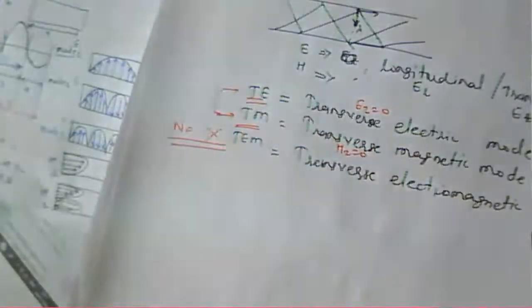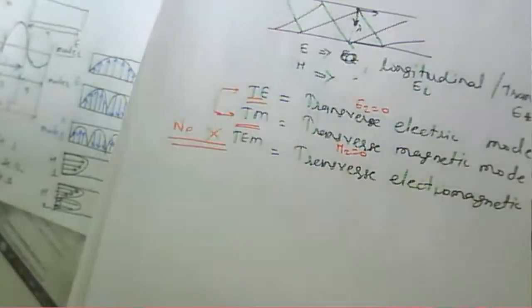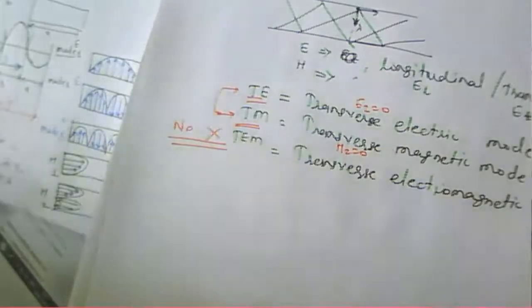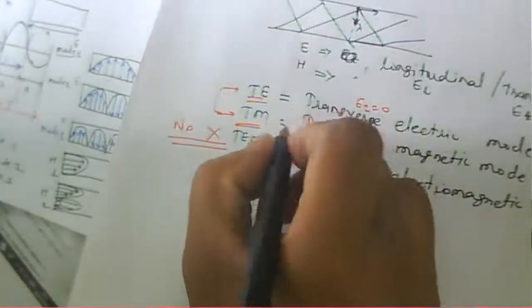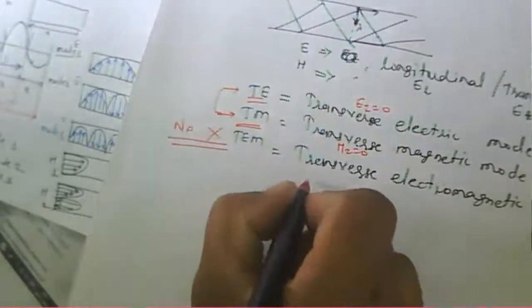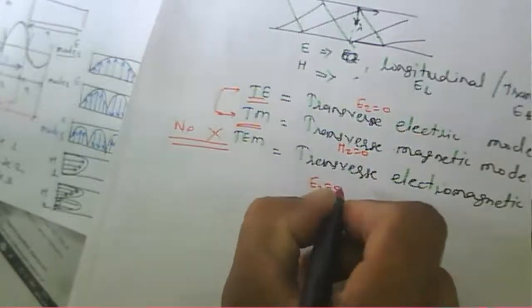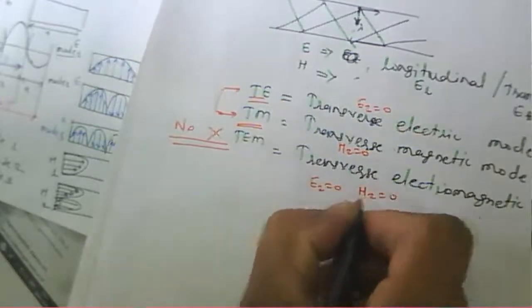So while solving the transverse electric and transverse magnetic modes, we consider that either Ez or Hz is equal to 0. But in the case of a TEM mode, Ez is equal to 0 and Hz is equal to 0.